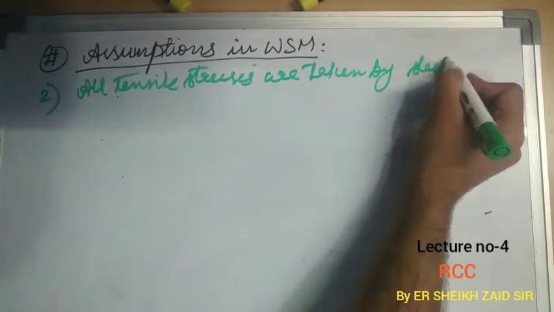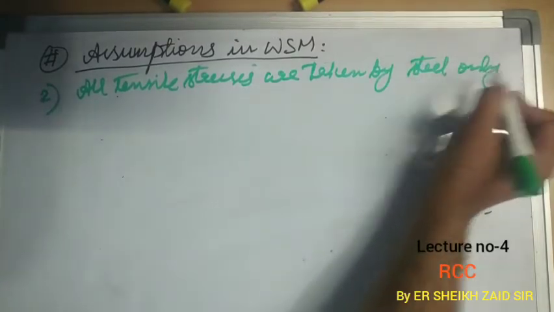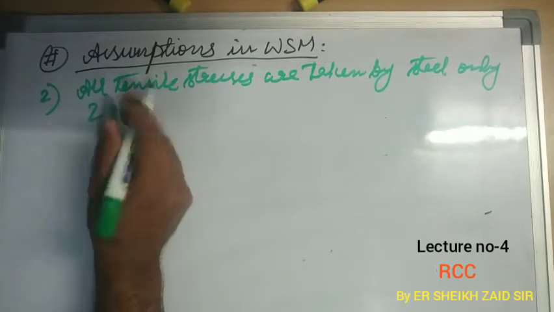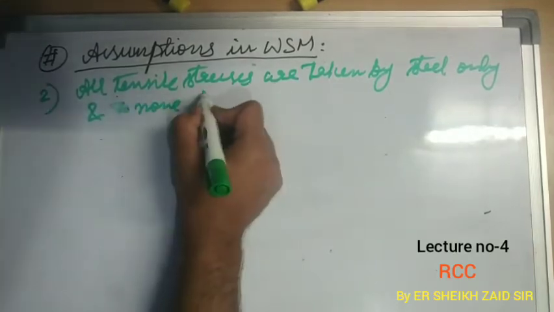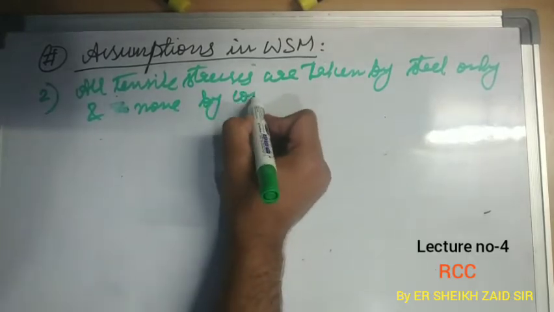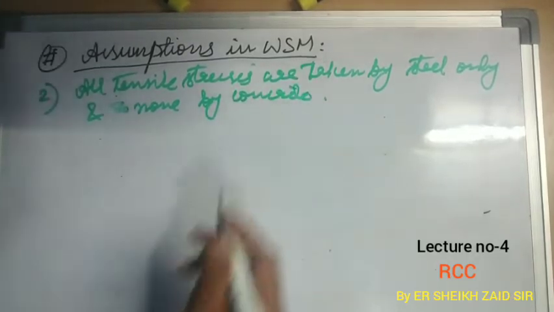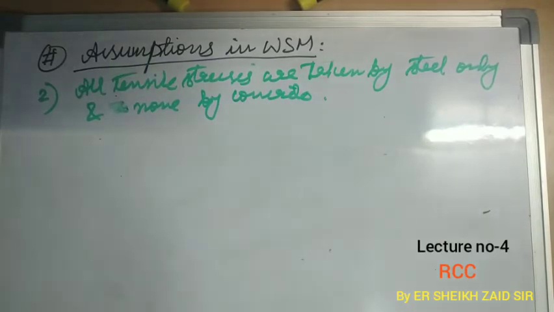Now what does this mean? We know that concrete has very low tensile strength. For analysis, the concrete section on the tension side is completely neglected. So this statement is valid only for a cracked section.